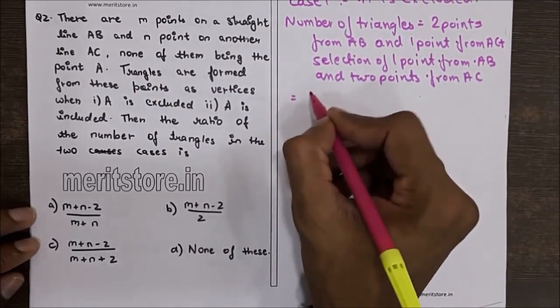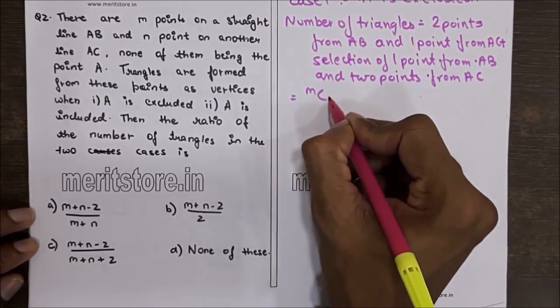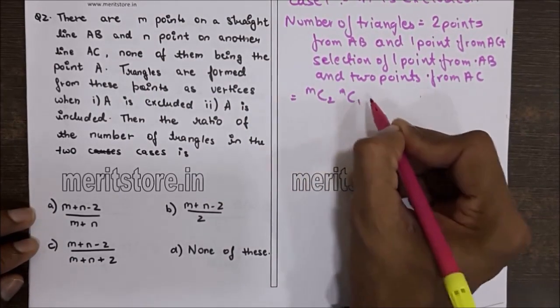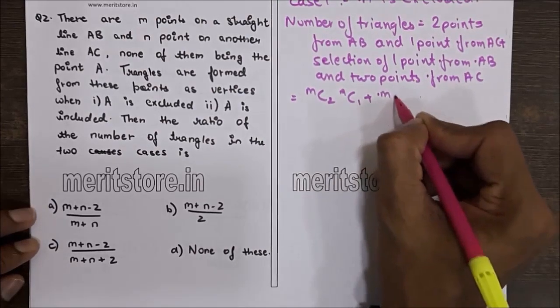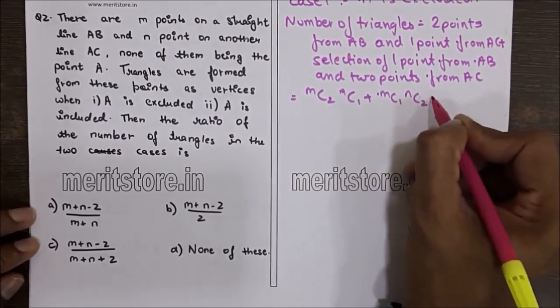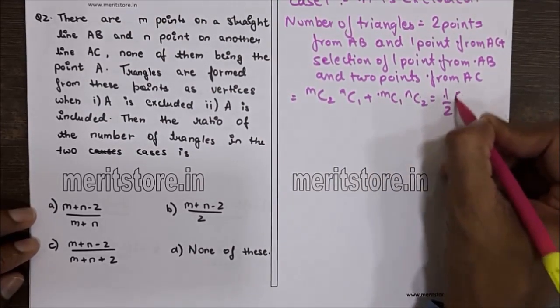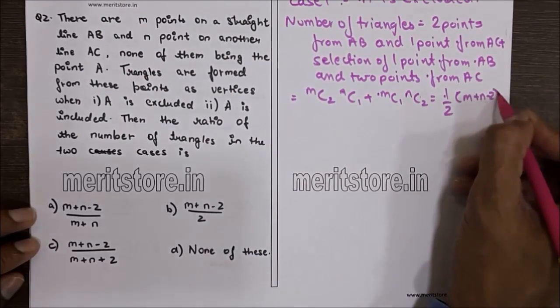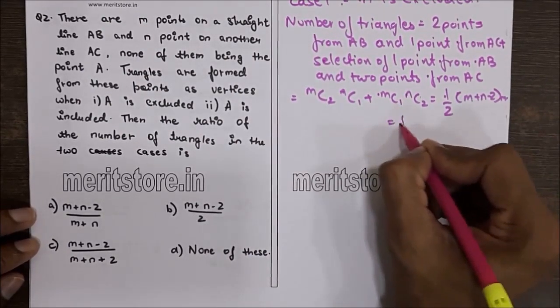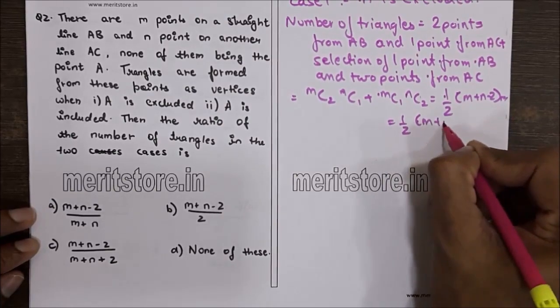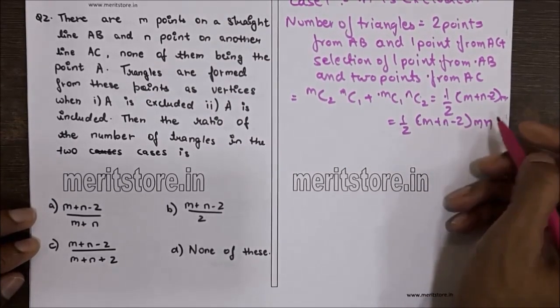So we get this as MC2 times NC1 plus MC1 times NC2, which is equal to half of mn times (m plus n minus 2).